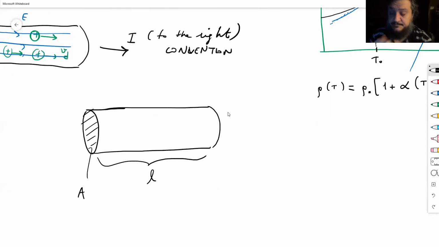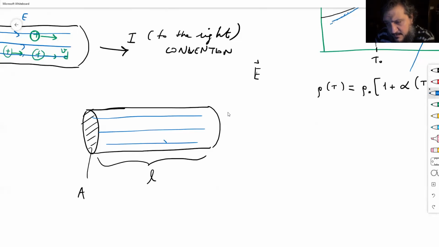Okay, so let's think of this not in terms of E, but the potential difference between the ends. Because if there's an electric field here, that also means there will be a potential difference between the left and right-hand sides of this conductor.